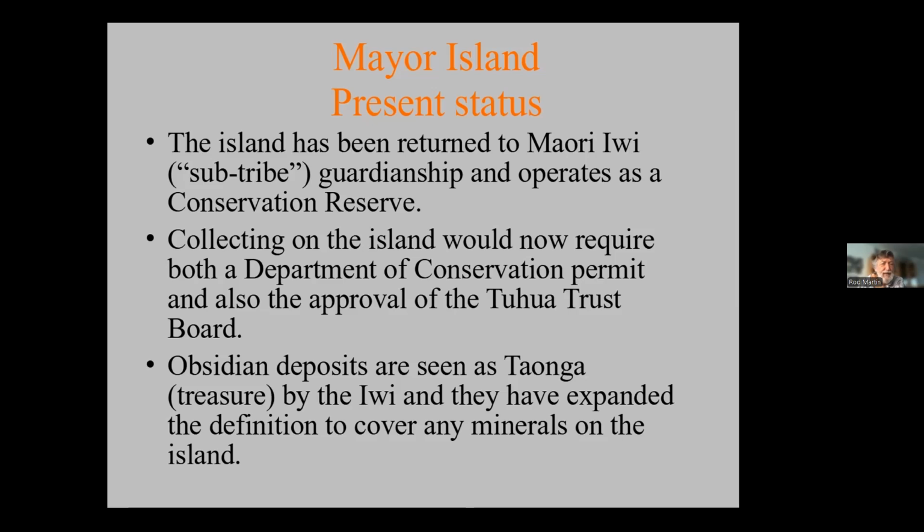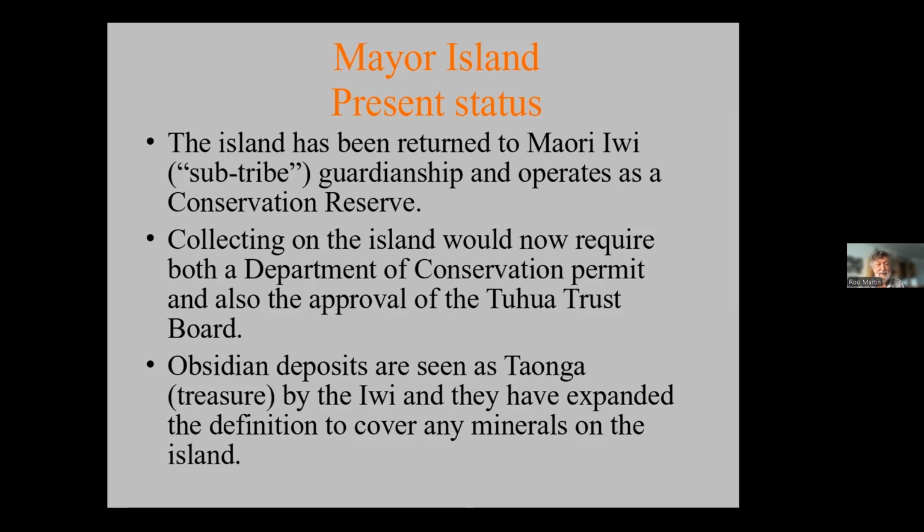Collecting, as I say, is now prohibited out there. The obsidian is seen as taonga or treasure, and that went in the late 1980s, early 1990s. After the last visit there, they decided they should close it to collectors as well, just to be on the safe side.